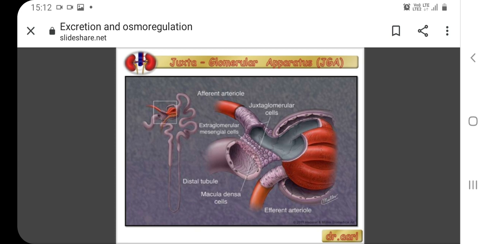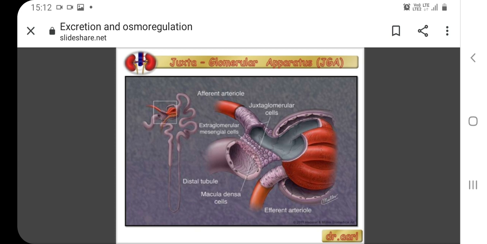Sodium is the most abundant ion and most of it is reabsorbed by active transport and then transported to the peritubular capillaries.